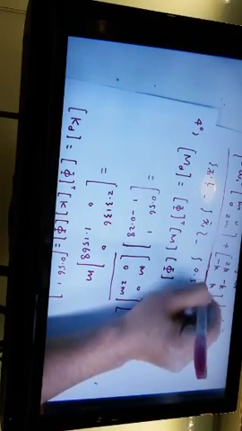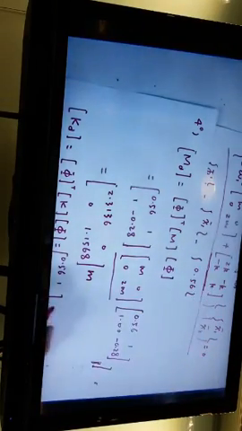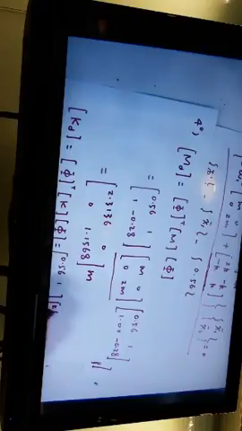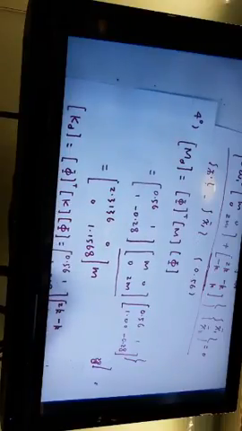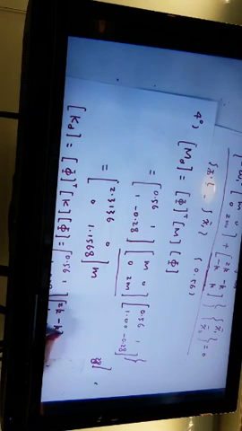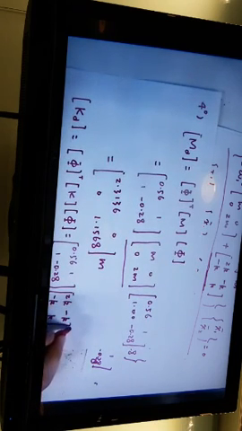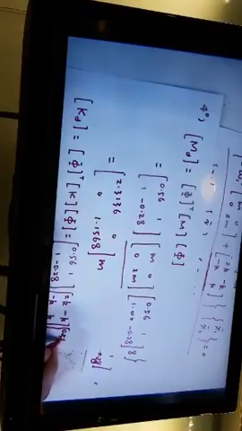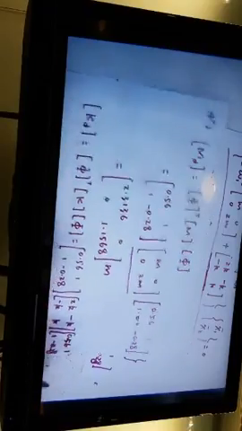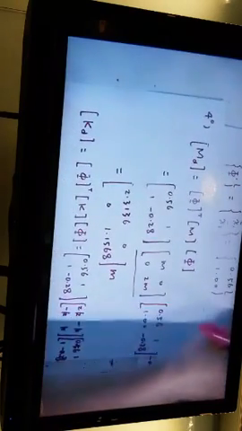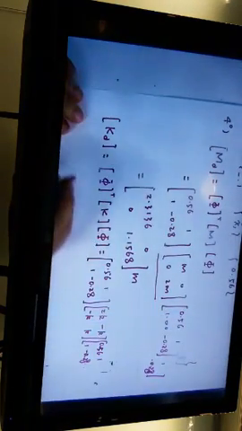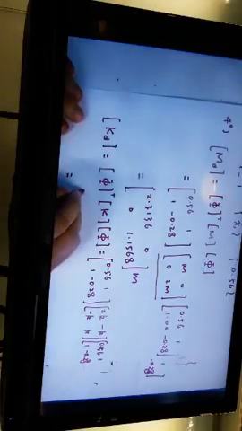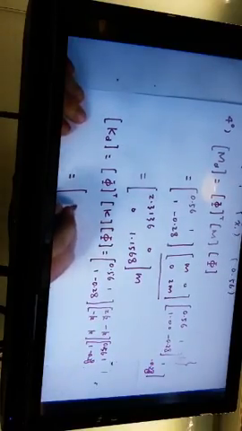This is the original stiffness matrix. 2K, minus K, minus K, K. And times phi. Another three 2x2 matrices. Put them together, you can get a diagonalized K.